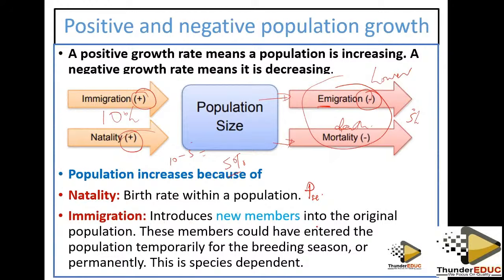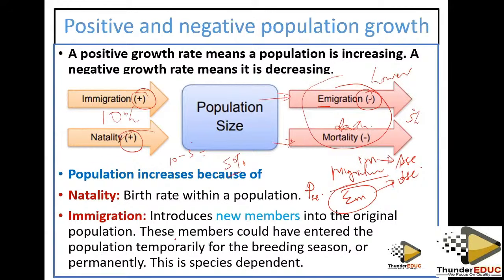This means that where these organisms came from, their population is decreasing, while where the organisms are going to, the population is increasing. So basically, migration leads to increase and decrease of population, but it depends on where the increase and where the decrease. Where emigration occurs, it's going to be decrease. Where immigration occurs, it's going to be increase.